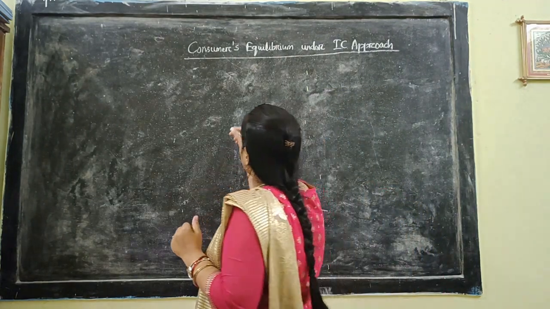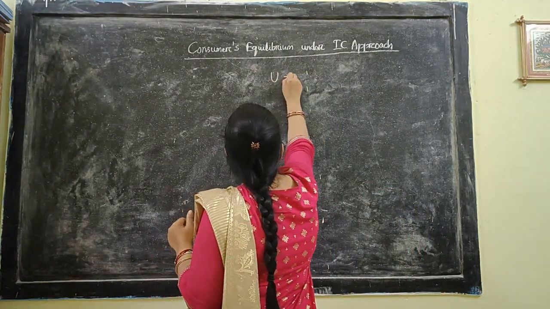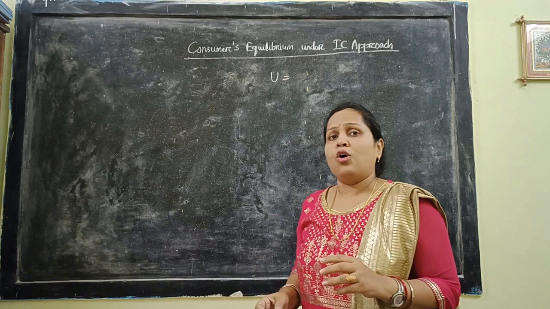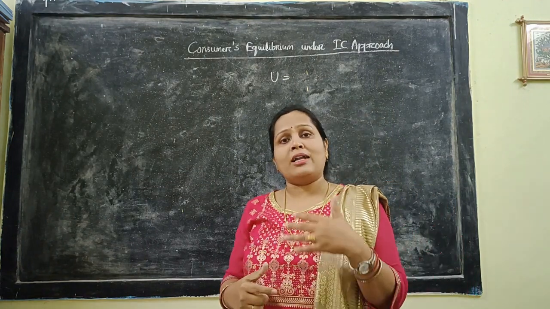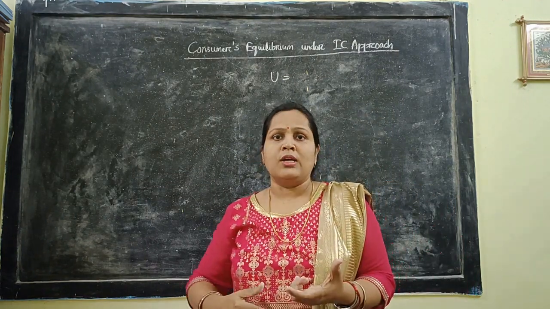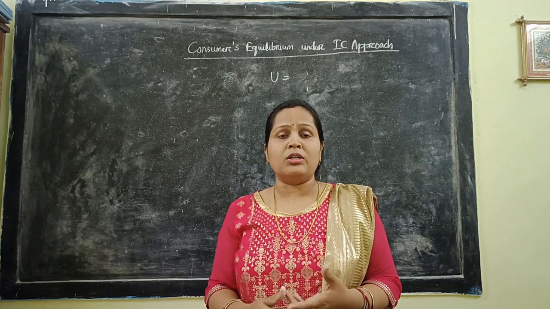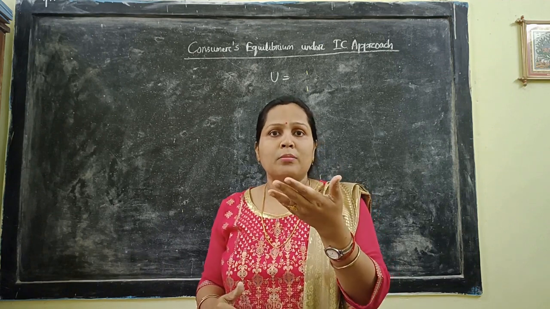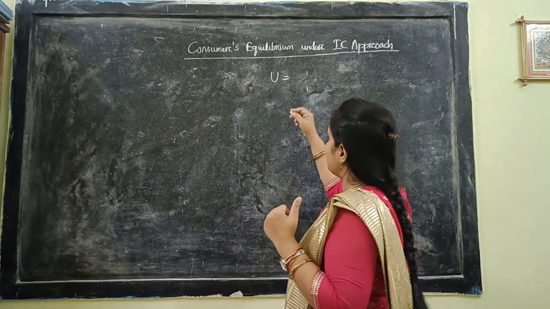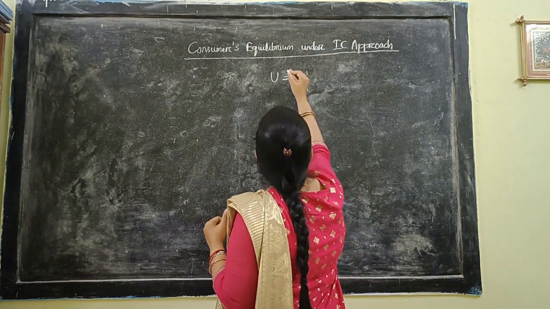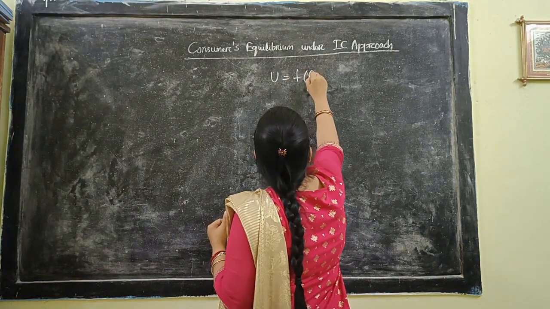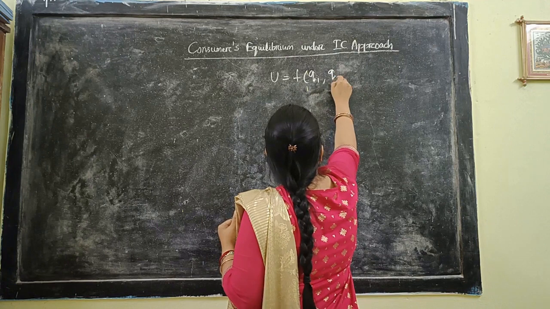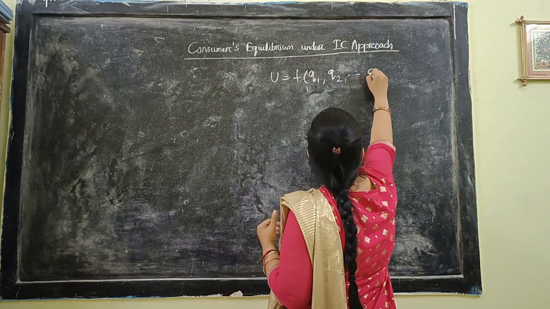Utility is a function of the different commodities that the consumer consumes, or the different commodities in the consumer's basket. This is how we can write it. Suppose there are n number of commodities.